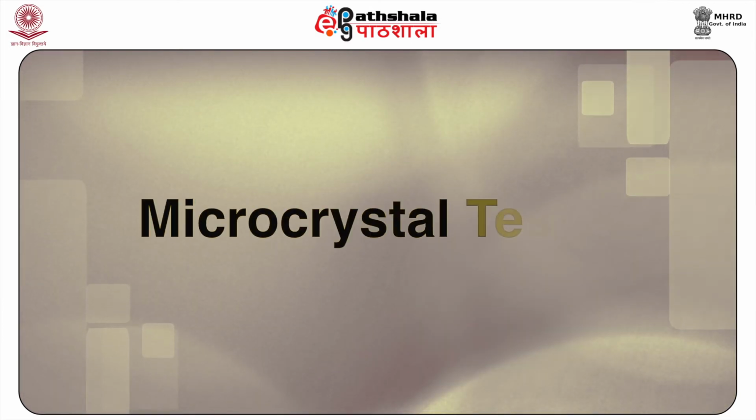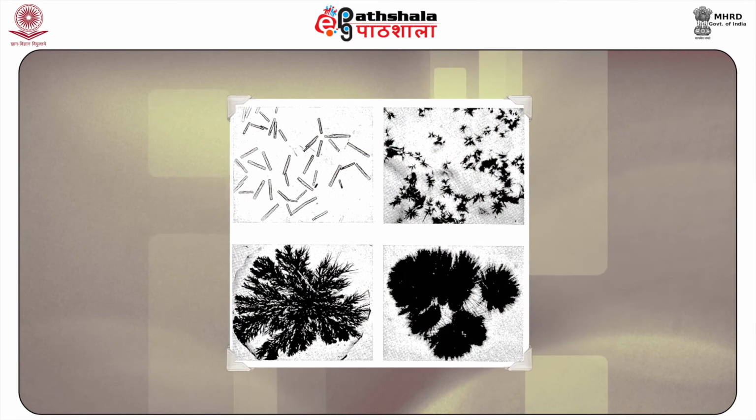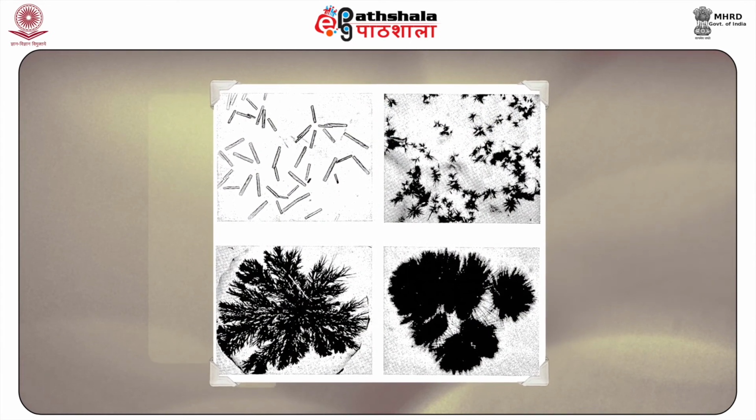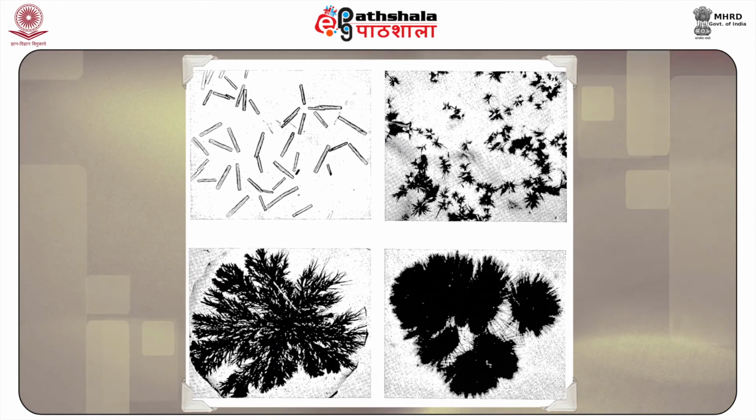Now moving on to microcrystal tests. These tests have a greater degree of certainty and conformity than color tests. In these tests, different reagents are made to react with the drug, producing a crystalline precipitate. It is the shape and size of the crystal on a microscopic examination which are indicative of the drug.